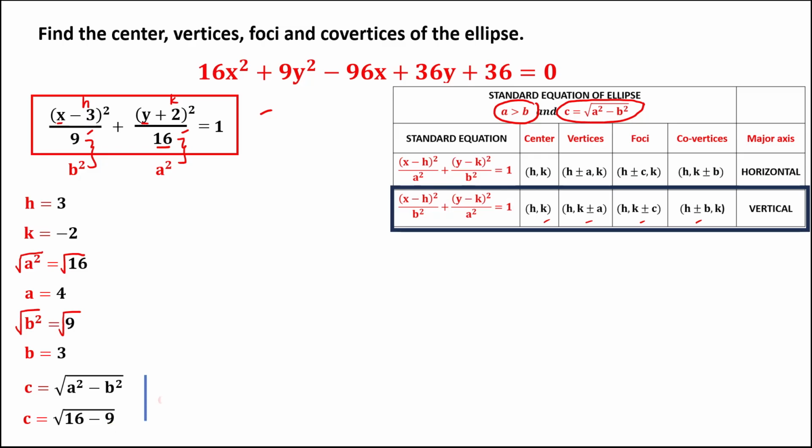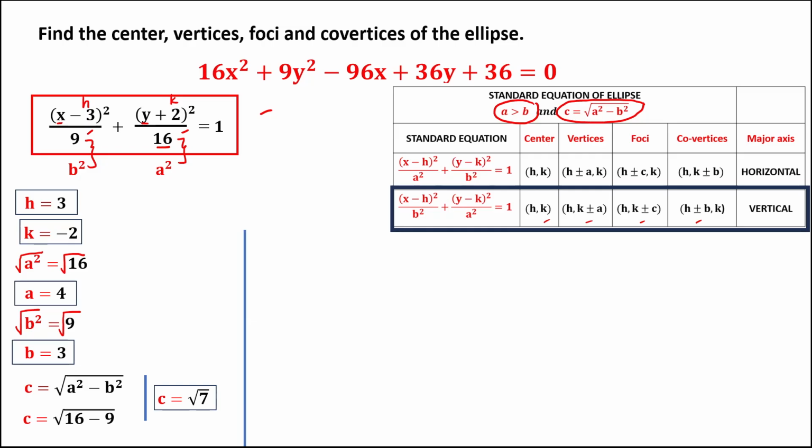Then to solve for c, this one is equal to square root of 7. Since 7 is not a perfect square number, c is equal to square root of 7. So these are the 5 values we need to solve for this problem.